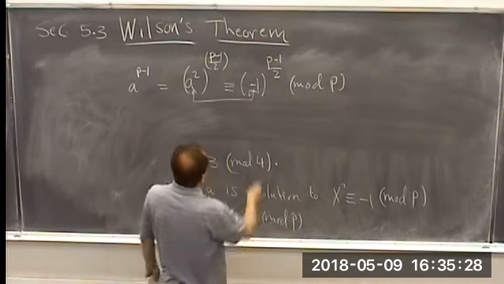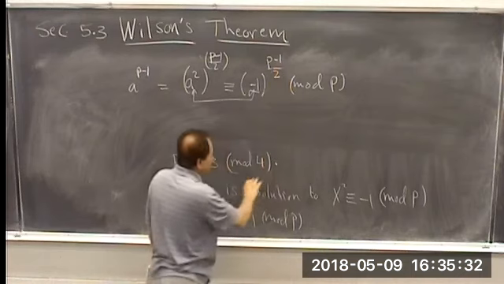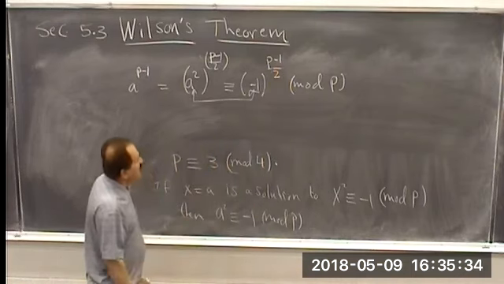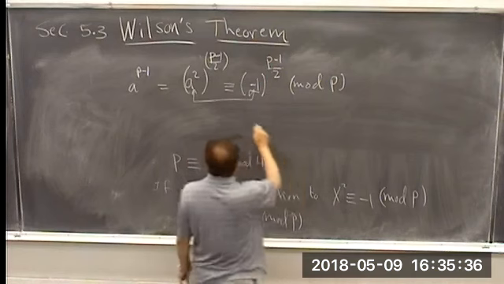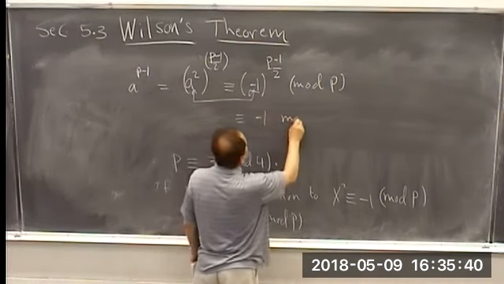And also because P is an odd prime, because it does not equal 2, it must be odd. So this is congruent to -1 mod P.